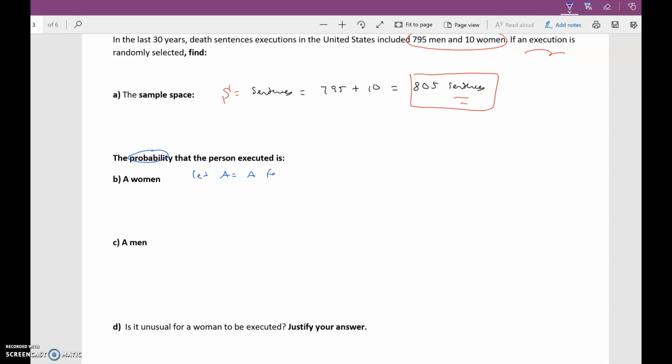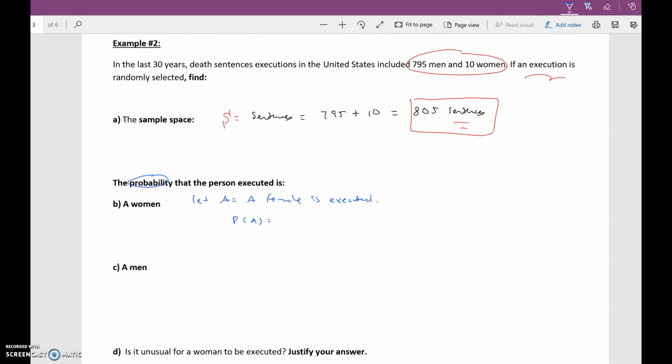So the probability of A is equal to, well, your females, you have 10 females out of the sample space, which is 805. So in this case, 10 divided by 805.